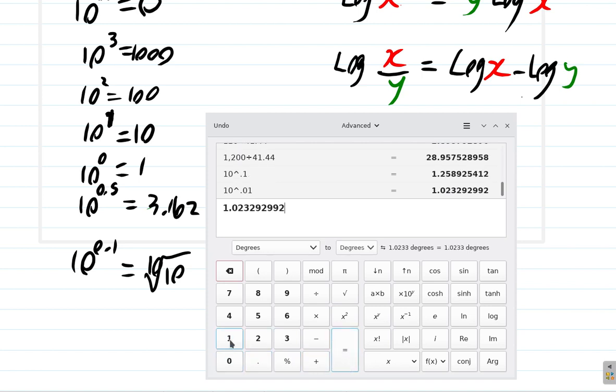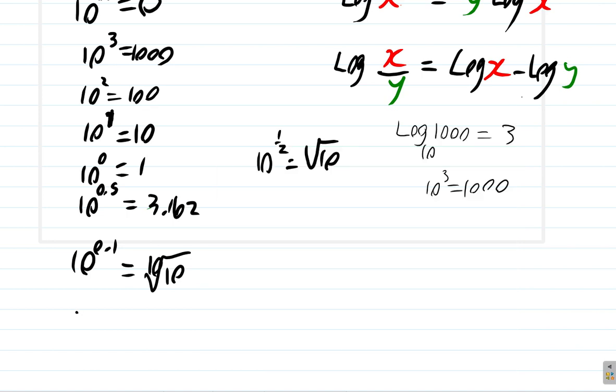How are we getting smaller? 10 raised to the power of 0.000001. As we go to the 0, we get 1. So we could say 10 to the 0 is equal to 1. But we have to go below. 10 to the negative 1 equals, remember indices, 1 over 10.